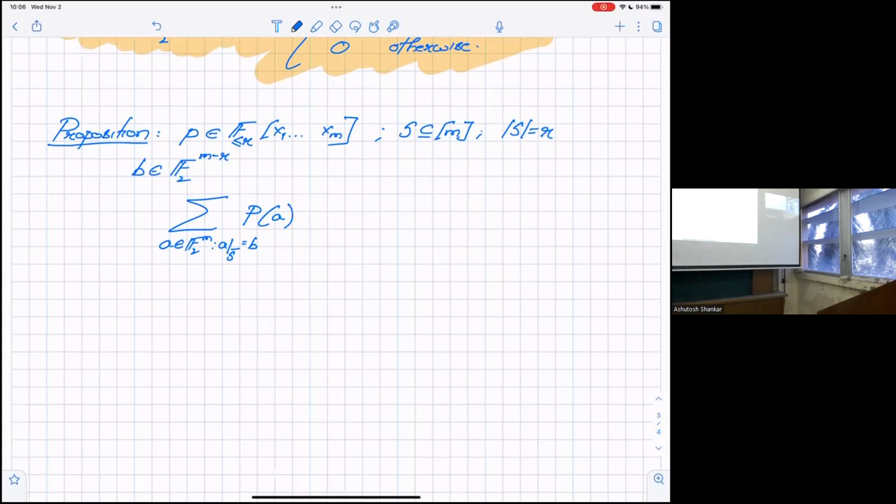So the summation has 2 power R terms. What is this object? I just want to ask what this object is.